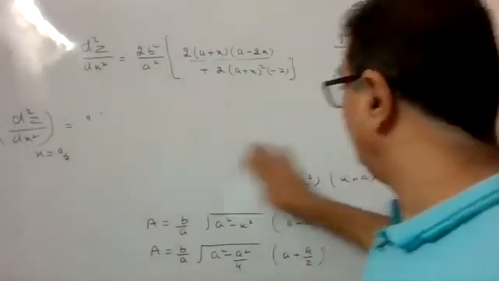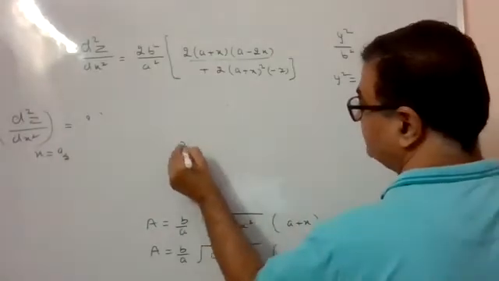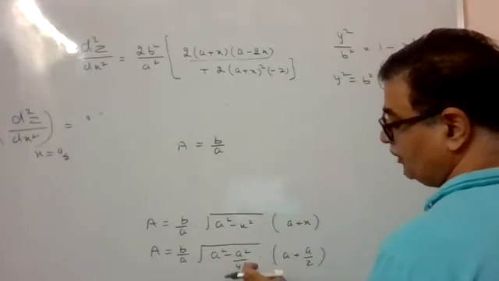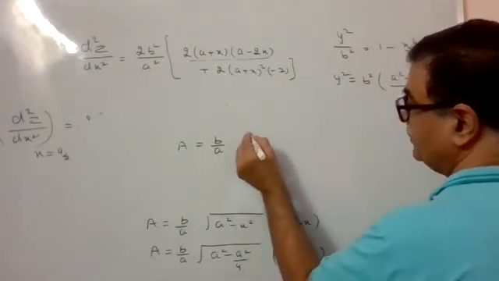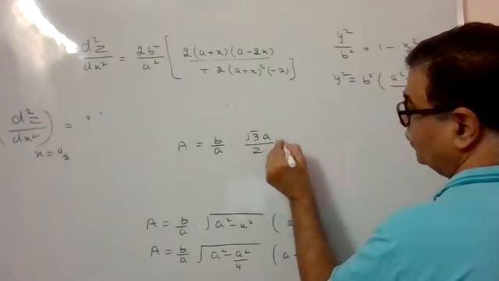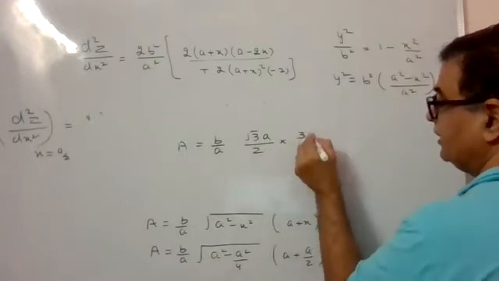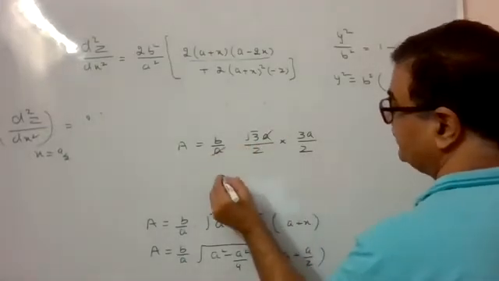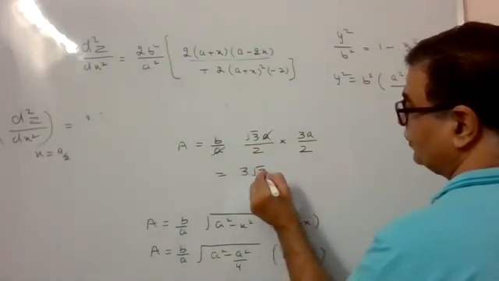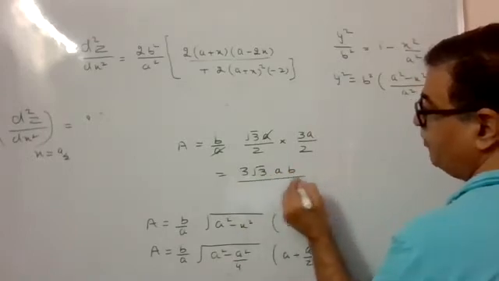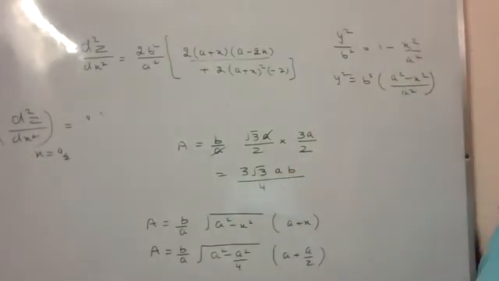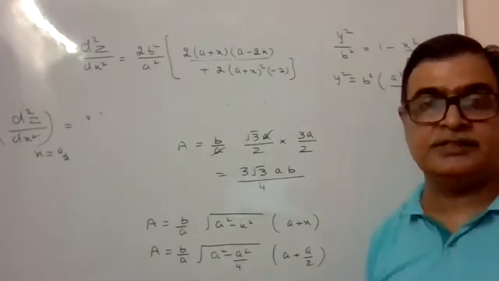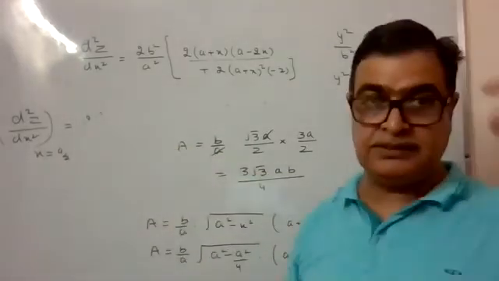And now when you solve it, area comes out to be b by a into root 3a by 2 into 3a by 2. And now when you solve it, a and a get cancelled out, it will come 3 root 3ab by 4. This will be the area we will be having of isosceles triangle inscribed in ellipse.